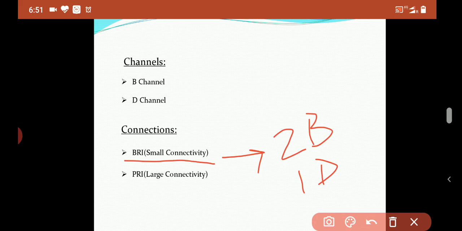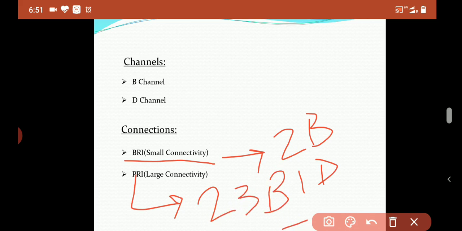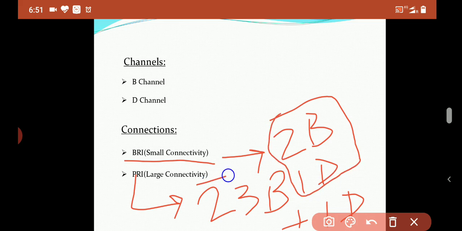In the same way, PRI service offers 23 B channels plus 1 D channel. So this is the important thing: in the case of BRI, it is 2 B channels and 1 D channel, and in PRI it is 23 B channels and 1 D channel.